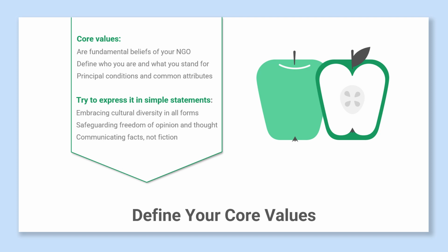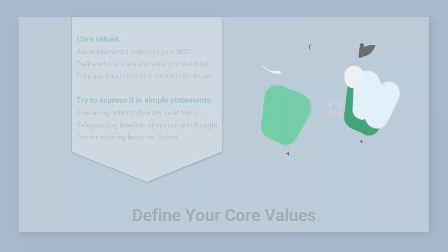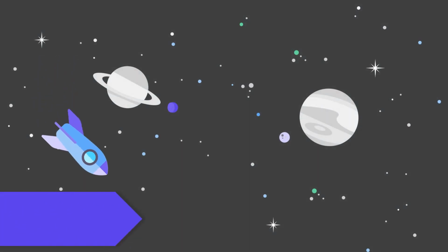These are just examples. Try and identify the core essence of your organization. Take time to find consensus among your peers and find the right words. Taking the time and effort to define your core values can support you in defining your NGO's vision statement.